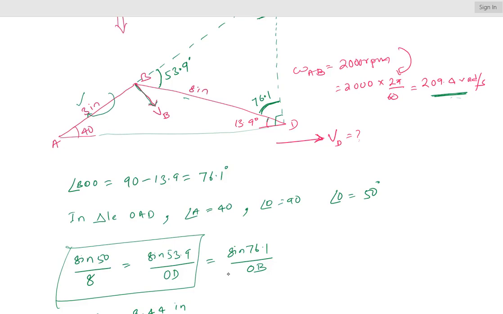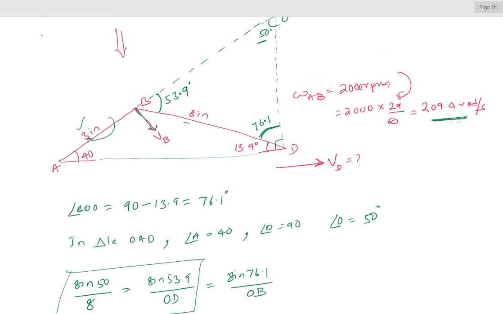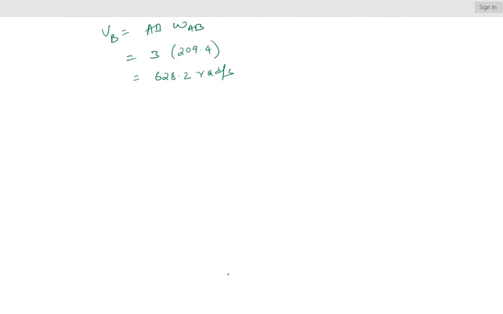Now that we know VB, we can use that to find omega BD.